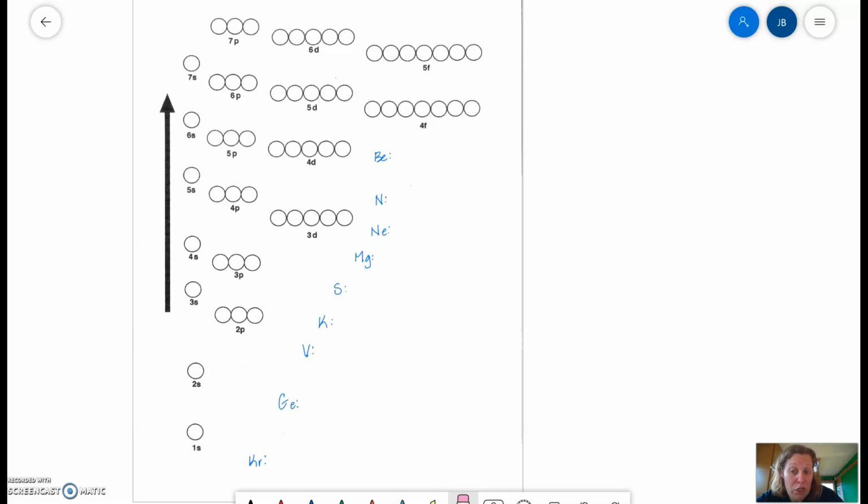Each of these circles is one of those orbitals. Technically this would be a circle, this would be a circle, and that one would be one of the lobes going that way. They just did circles to simplify, so you don't have to draw all 5 lobes here and all 6 there.